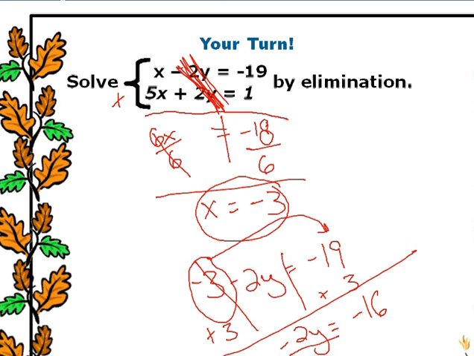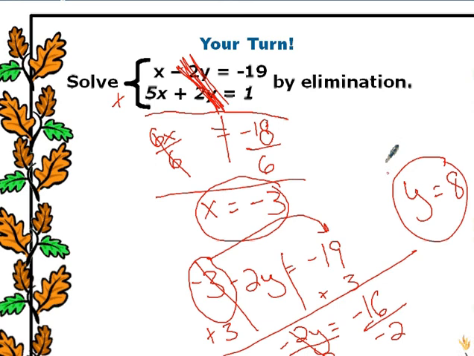And then we divide by negative 2, divide by negative 2, and we get y equals 8, because negative 16 divided by negative 2 is positive 8. So then our answer is going to be negative 3, 8, because the first number is x and the second number is y. So that's our answer right there.